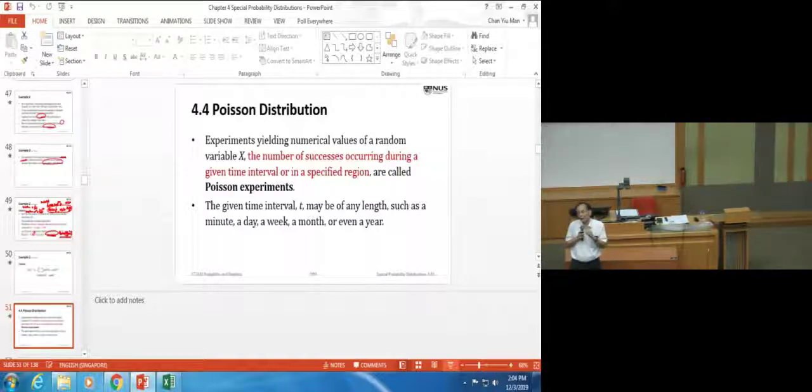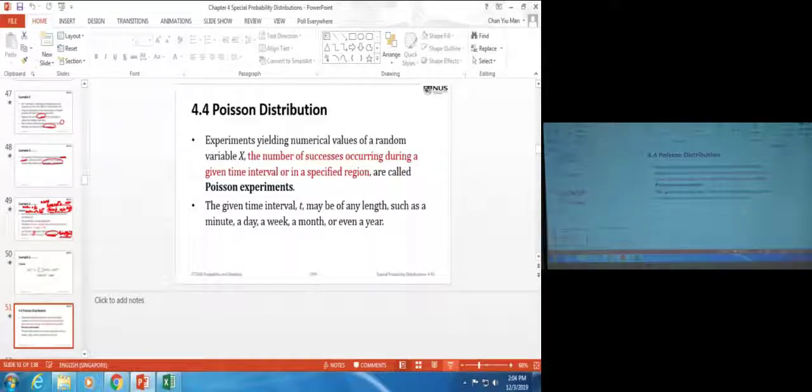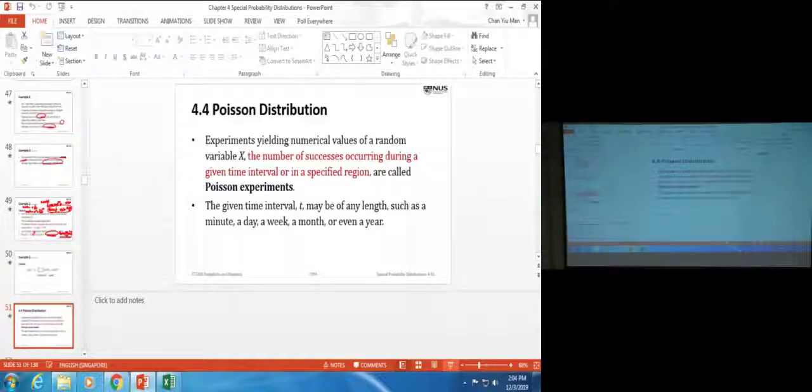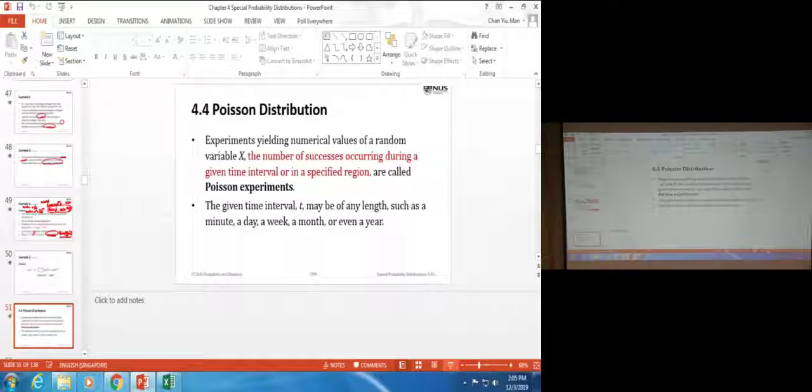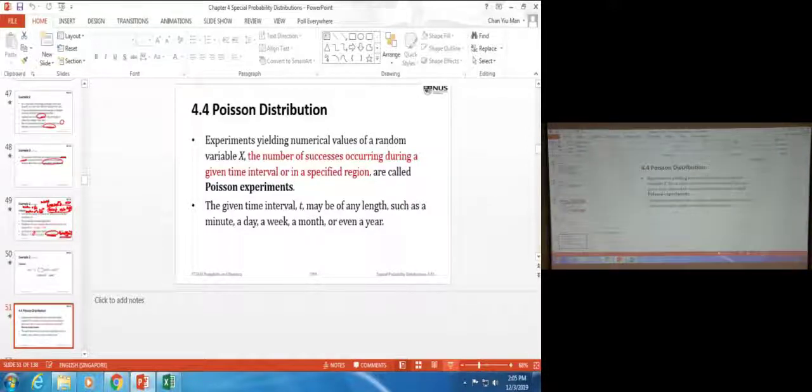Each trial is supposed to be independent, and we have n trials, and for each trial there are only two possible outcomes, either a success or a failure. Then X is the random variable which denotes the number of successes out of these n trials. Then we say that X follows a binomial distribution.